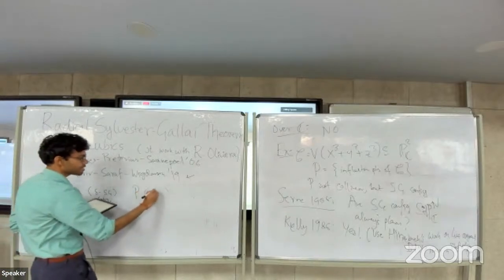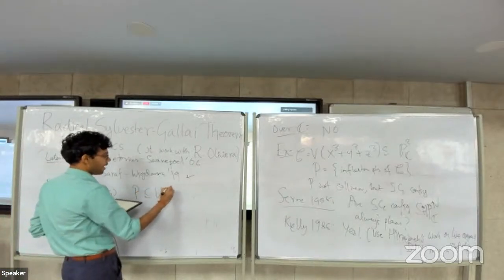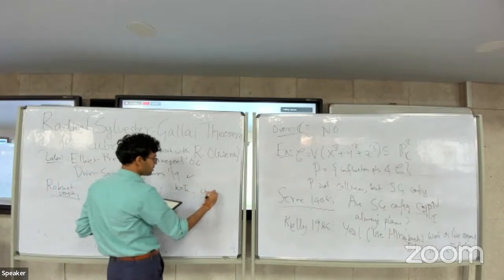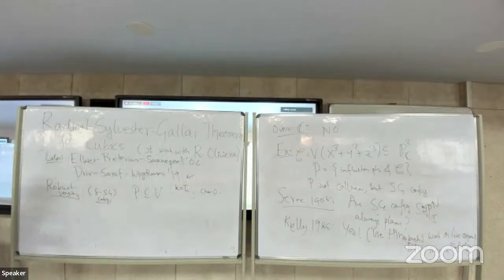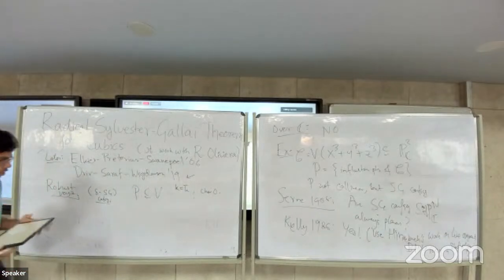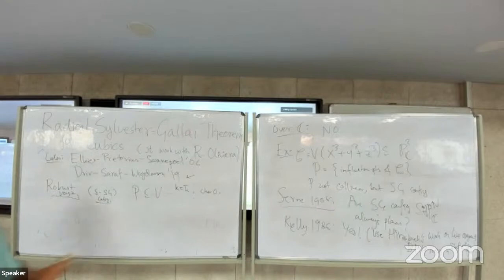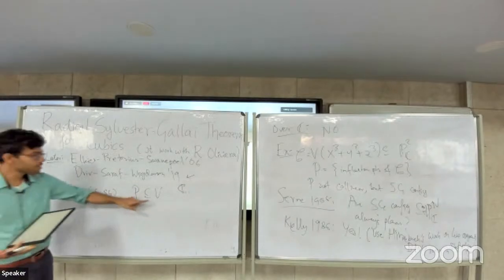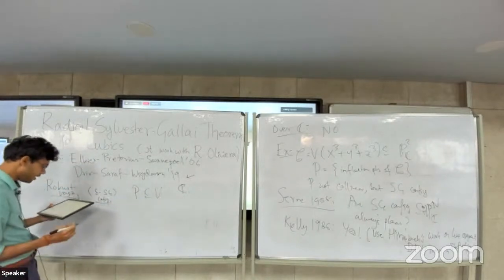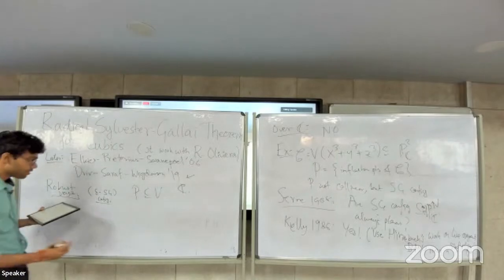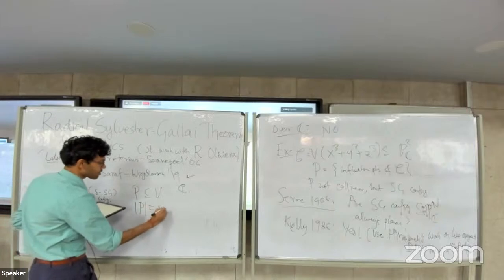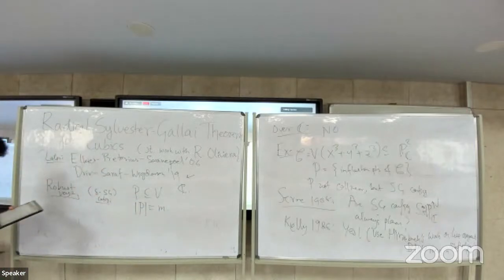What is our setting? We have a set of points inside a vector space over an algebraically closed field of characteristic 0. Let's just say C, a vector space over C of arbitrary dimension. Let's say we have m points, so the cardinality of P is m.